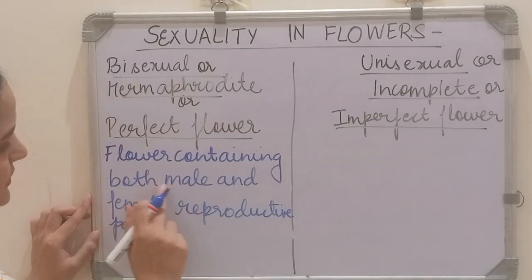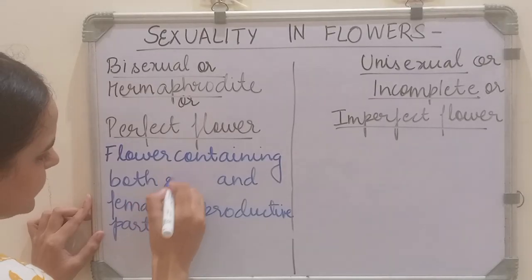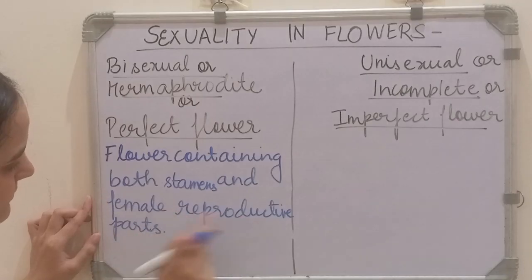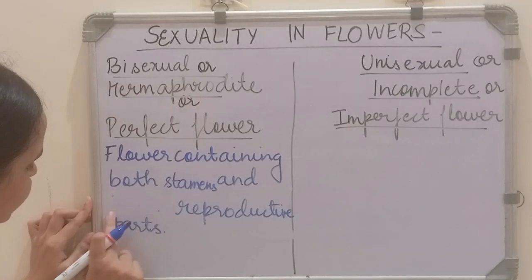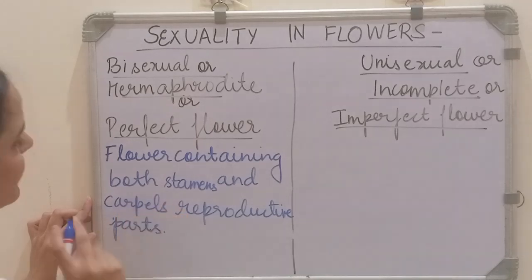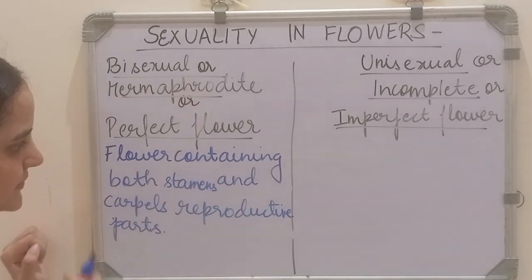So here the male part is, let's write it down, stamens, and for female reproductive part, let's write down carpels. So flower containing both stamens and carpels, reproductive parts.